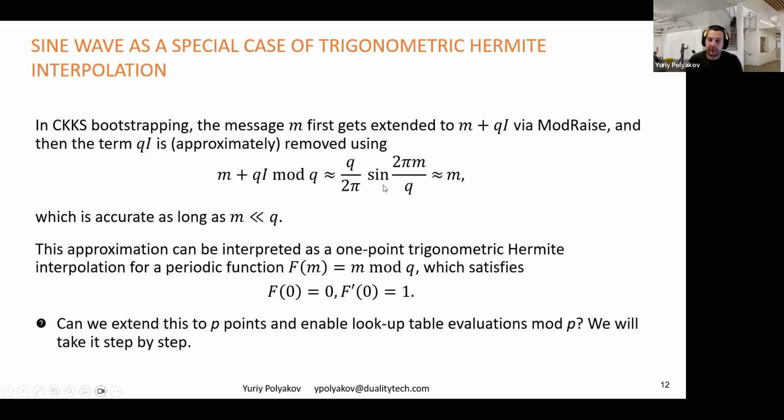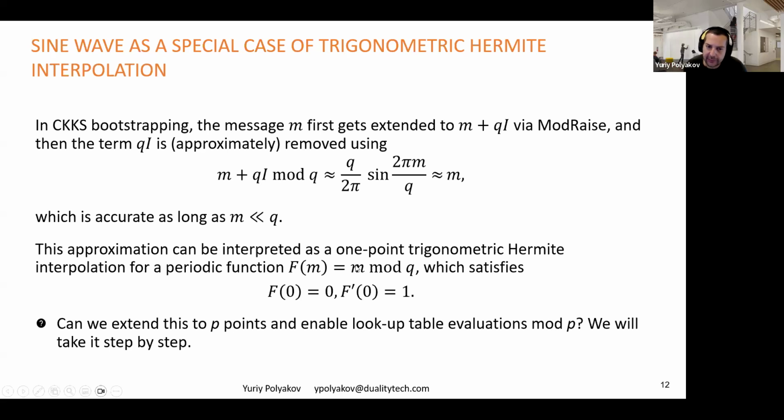The approach proposed in the 2018 Eurocrypt paper was to use a sine wave approximation, which had special constraints. For instance, the message itself should be significantly smaller than q, so that we can use an essentially linear approximation and achieve high precision.